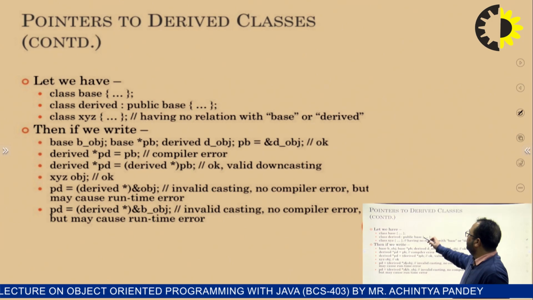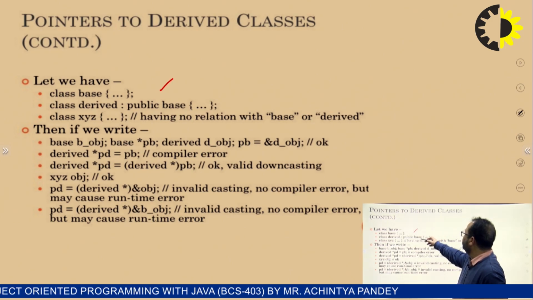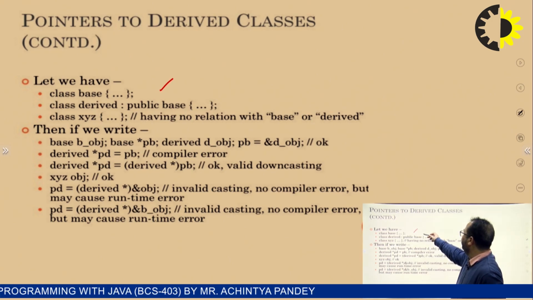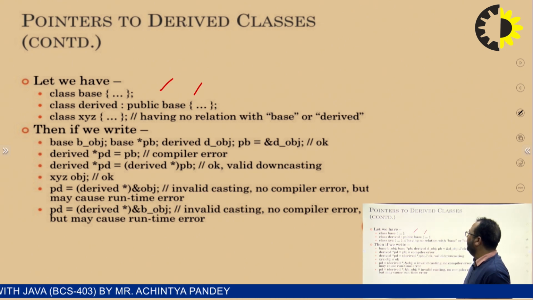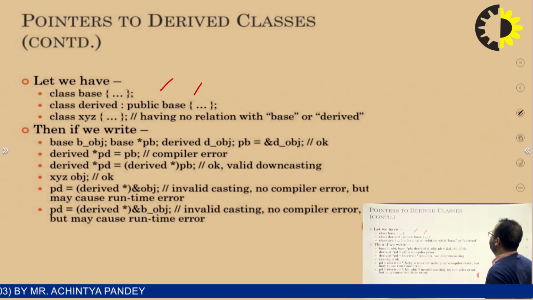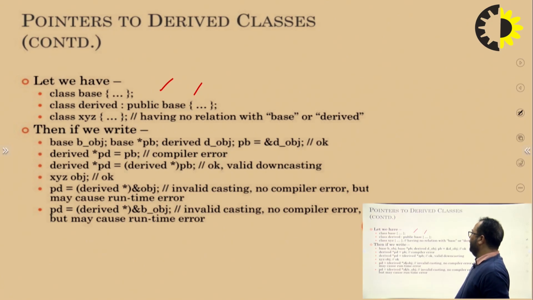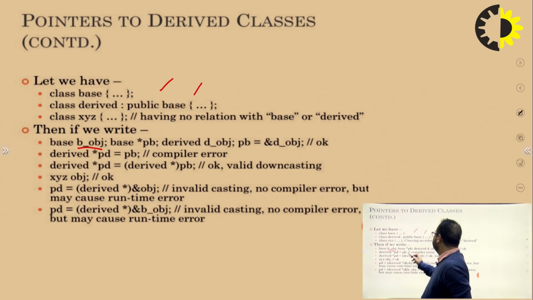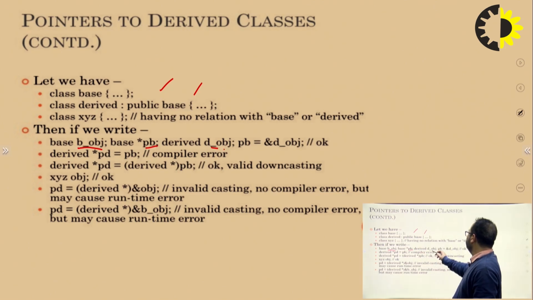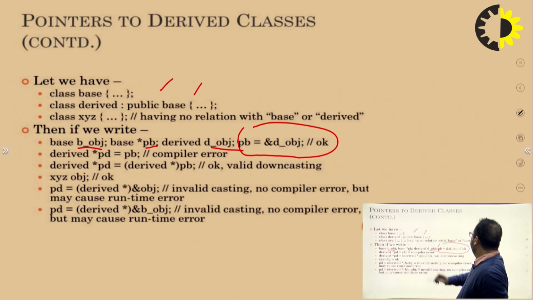See here, this is a base class, and this is a derived class which inherits the base class. Similarly, a class XYZ has no relation with the base and derived classes. This is the object of the base class, and this is the object of the derived class. This base class pointer can store the address of a derived class object too.